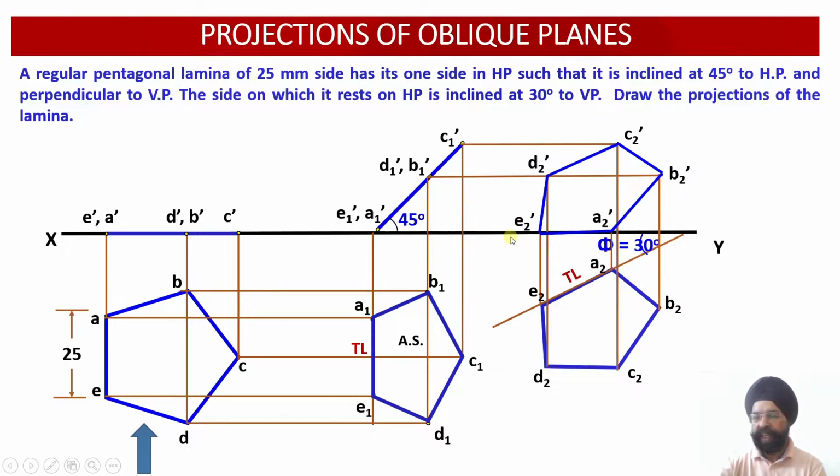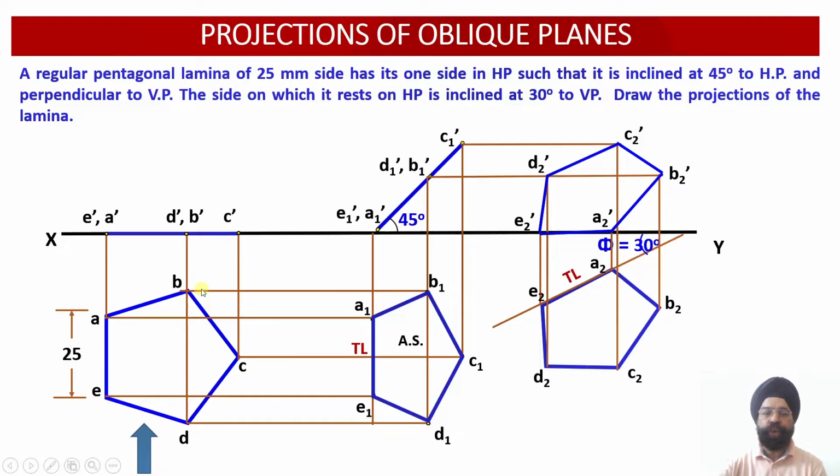So having located these 5 points, you can see that we have been able to complete the projections of an oblique plane which happens to be inclined to both the horizontal plane as well as the vertical plane. So this is all about the discussion of the oblique plane which is inclined to both HP and VP.